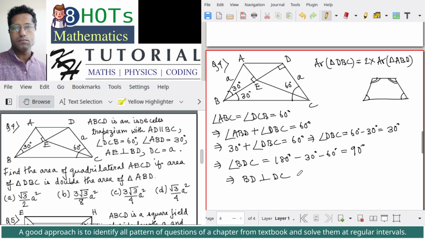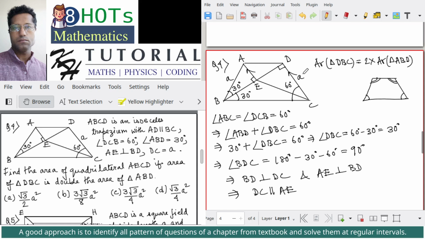Okay. And we also have AE perpendicular to BD. So if BD is perpendicular to DC and AE is perpendicular to BD, this implies that DC must be parallel to AE. Okay.